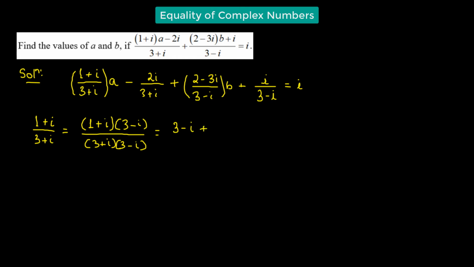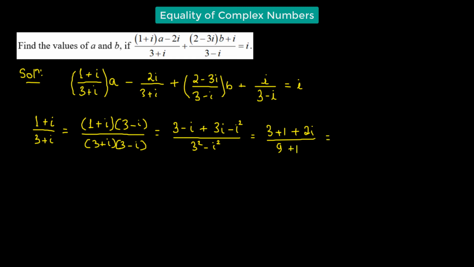Now we multiply the two complex numbers in the numerator, so that would be 1 multiplied by 3 minus i, plus i multiplied by 3 minus i, which will be 3i minus i squared, divided by 3 squared minus i squared, which is equal to 3 minus i squared, which will be plus 1, plus 3i minus i would give us twice of i, divided by 9 minus of i squared, which is negative 1, so we have plus 1.